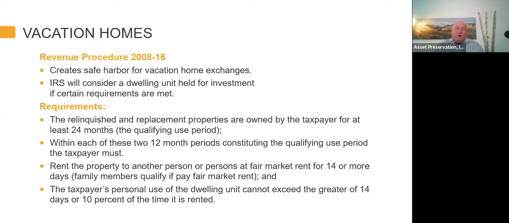They can find out where you logged onto the internet to access your work email. They can find out where you charged your credit card. So if you say you're in Denver, but you've really been in Breckenridge for the last month, they can easily find that out. So my input would be, if you want to take advantage of this, hold it for 2 years, rent it for 2 weeks in each year, keep your personal use below 2 weeks.